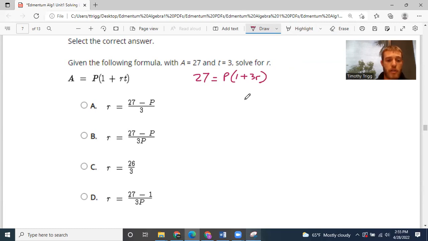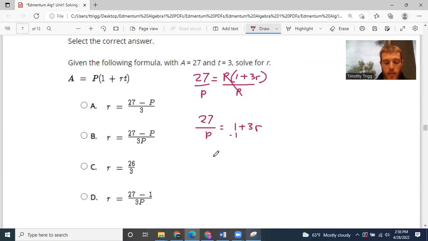Okay, my first step, I think, will be to divide both sides by P. So that'll be 27 over P equals, these P's cancel, 1 plus 3R.